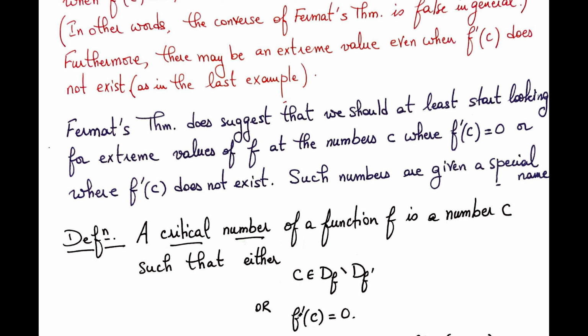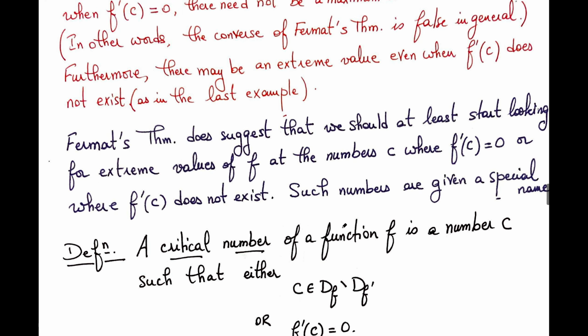Or if the function is differentiable at c, which means this fails, but f prime of c is 0, then this is another type of critical number. So we have two types of critical numbers. Either that number is part of the domain, but the function is not differentiable there, or the function is differentiable there, but f prime vanishes there.